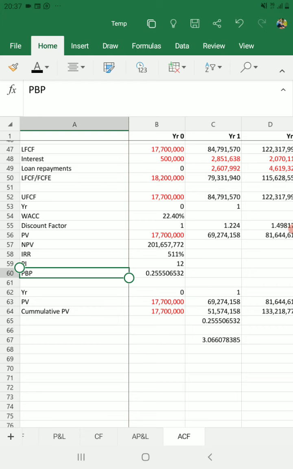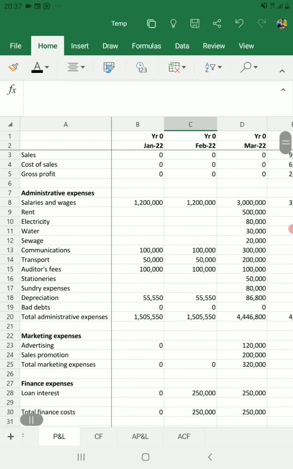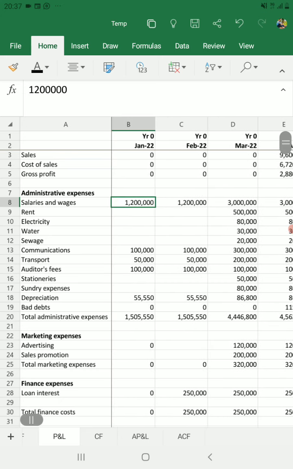Okay, so once you have a common size, you can detect which percentage is off. For example, let me go to the P&L sheet here. If salaries and wages percentage wise is less or greater than the industry, then we could know that we have overestimated or underestimated the sales figure.